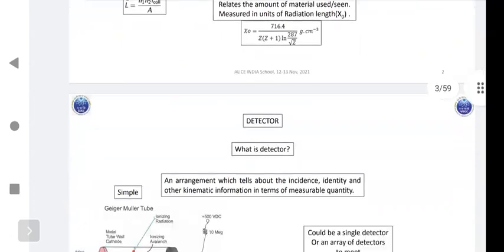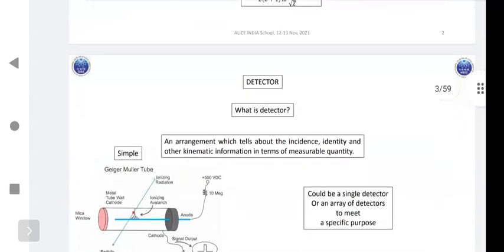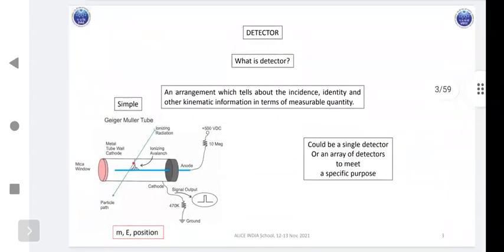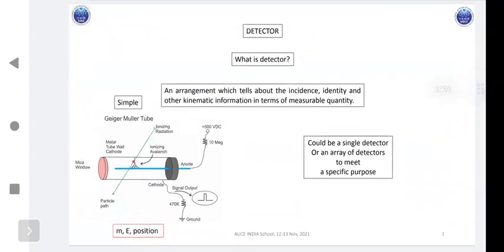Then, as I have said, before going to ALICE, let us discuss detectors. Very basic one. What is a detector? A detector is an arrangement which tells about some incident, the identity of the incident, and maybe other kinematic information in terms of some measurable observable. Please keep in mind this measurable observable means a lot.